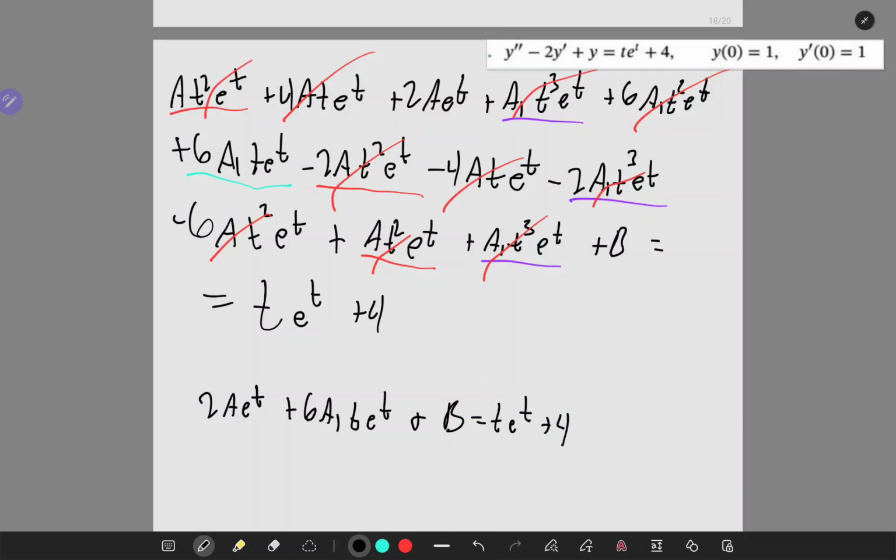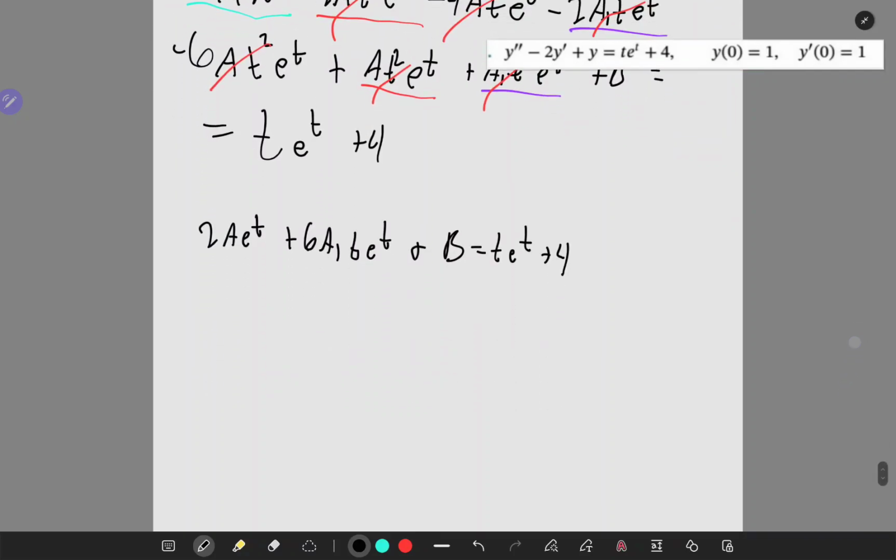Now let me see if this is right. What's an At? So we should have a something t e to the t. Yep. This is correct, what we have. Okay, this matches this, and this matches this. So the 2a is going to go with 0, right?